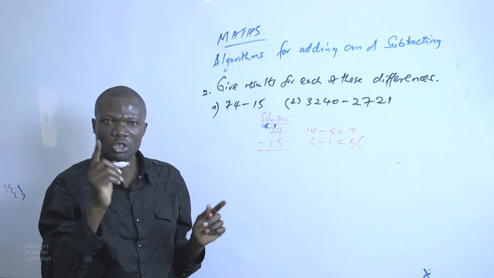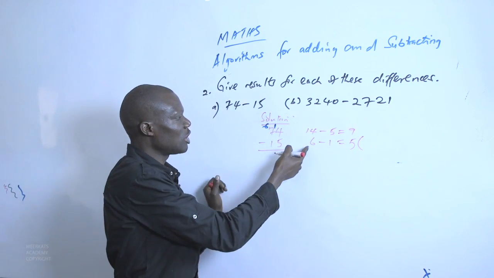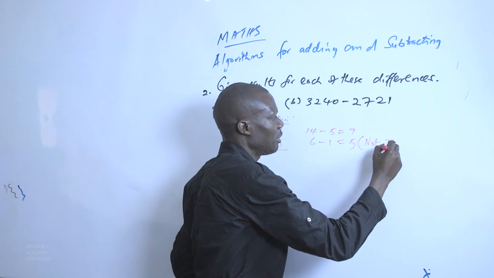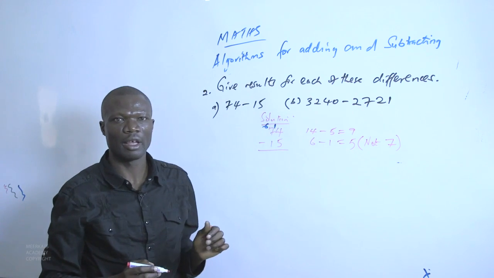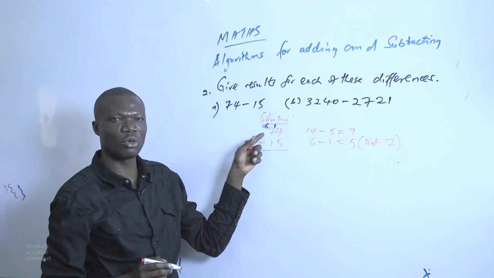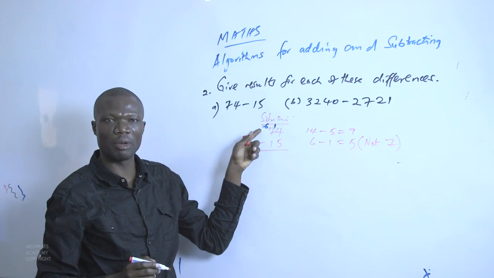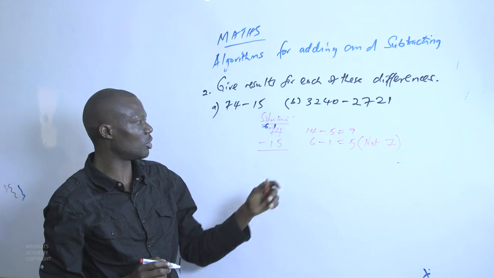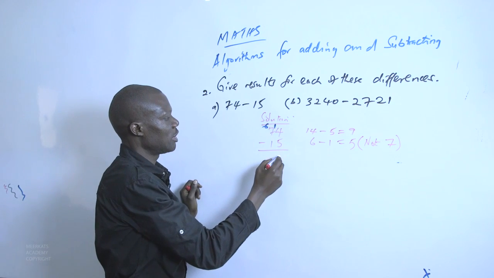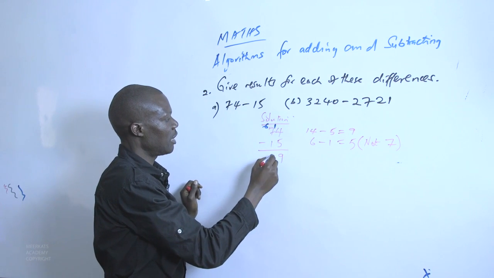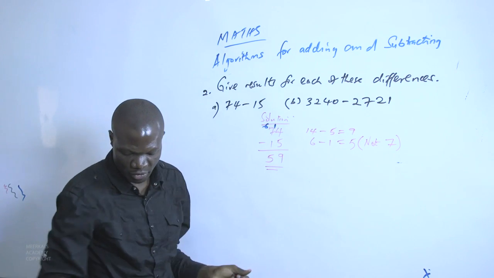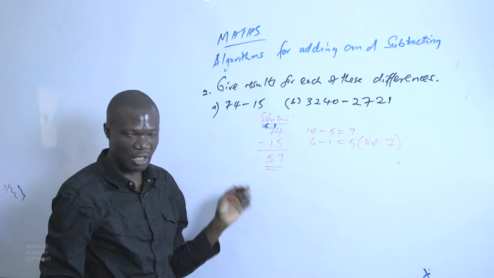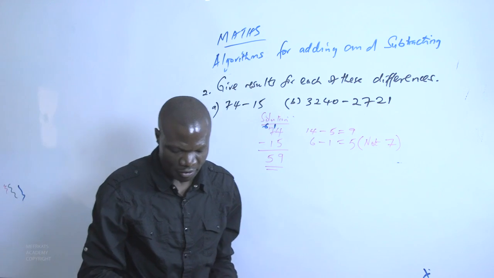And I want us to note that we have used 6 minus 1, not 7, because when we borrowed 1 from 7, we remain with 6. That's why we need to note that. So this is what we have. The first digit is a 9, and this one we have a 5. So you can simply say that 74 minus 15 is 59.